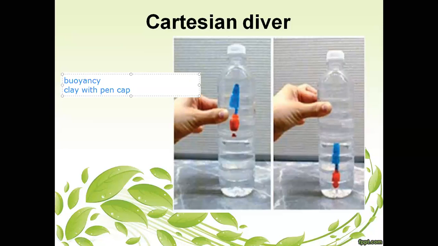First it floats, but when pressing the bath, additional water enters the diver, increasing the average density of the diver. So it sinks. First we do not press the bath, so it floats. The first picture indicates that principle.